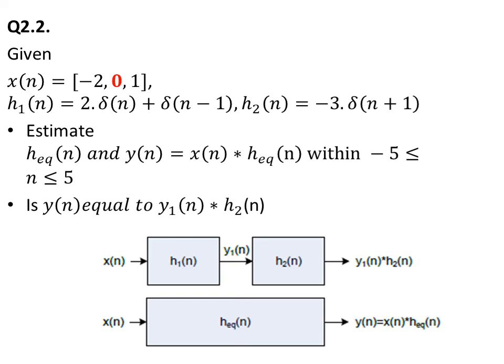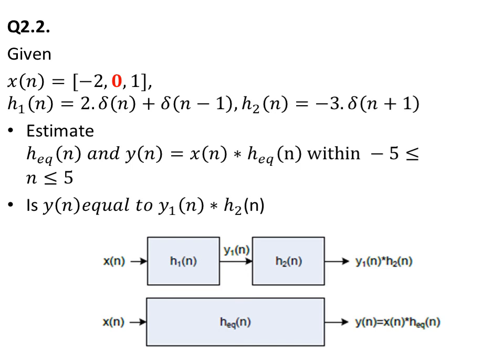So here you were given Xn, then H1n and H2n. So what you are going to do is first find Y1n by convolving Xn with H1n, right? Then by convolving Y1n with H2n, you can find the total output of the first system. So that is our first result, right?